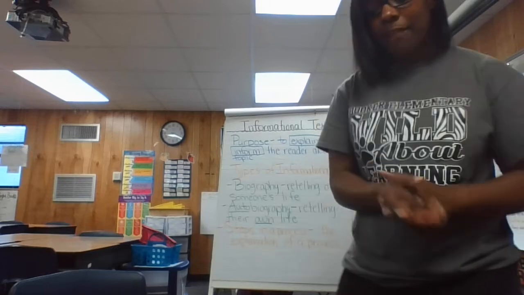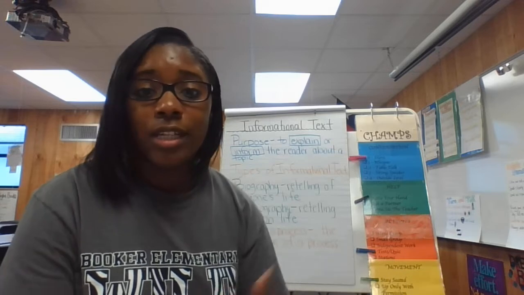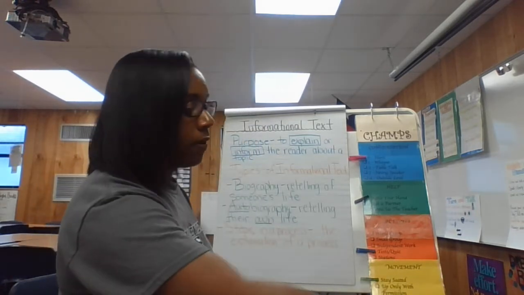Now, the last type of informational text, we see all the time. This is when you have information from your social studies books, from your science books, from any informational book that's educational. So let me write that one.